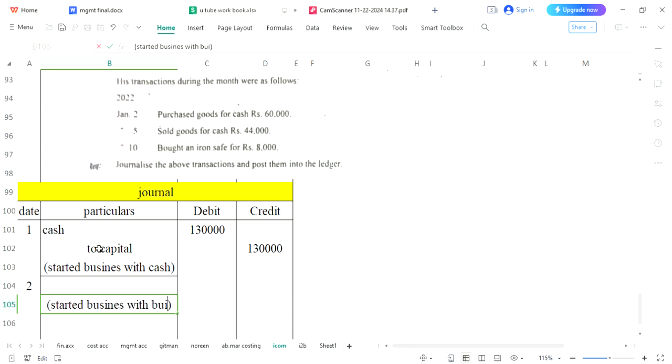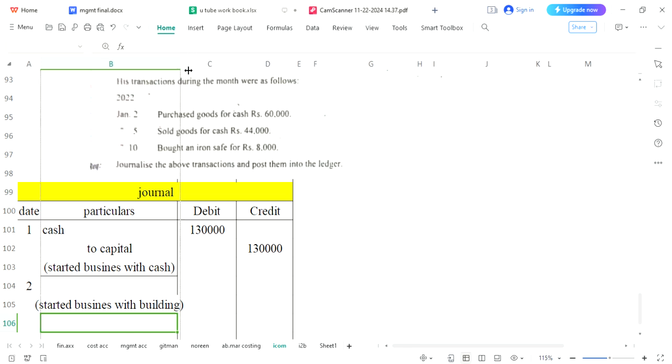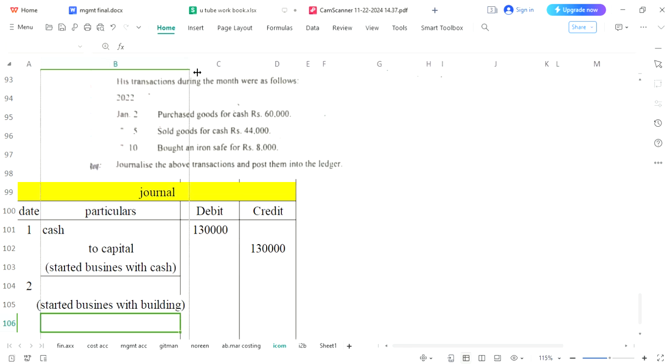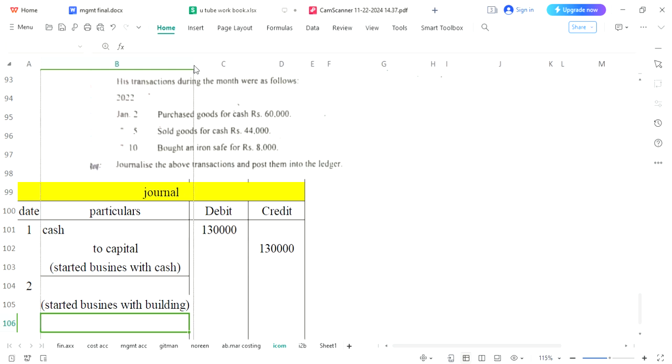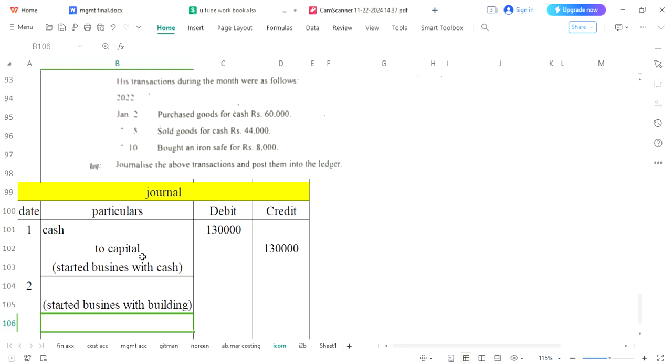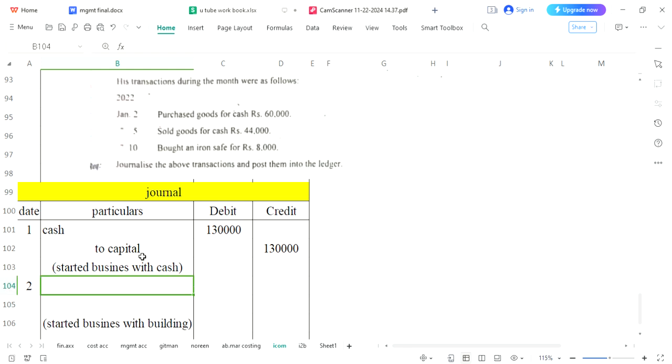No matter what is provided by the proprietor, that would be considered capital. So in this case we have been provided a building. I have told you whatever is provided by the proprietor is called capital. Capital is a liability and would be written on the credit side. What is coming in? Started business with building. So the building is coming into your business. Building is your asset. Asset is increasing.